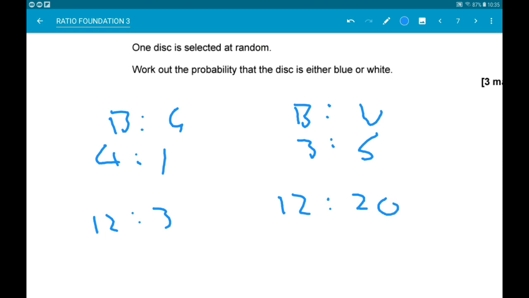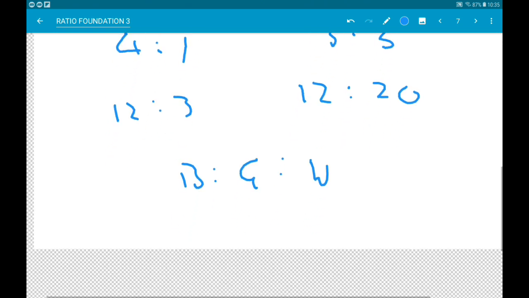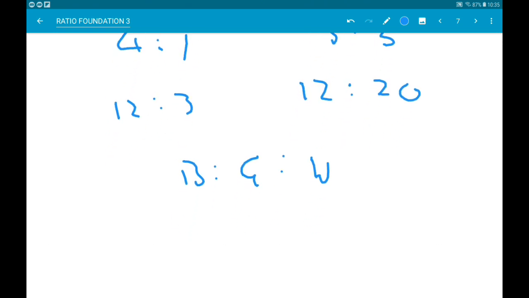So that now tells us for every 12 blue counters, there are 3 green and 20 white. So blue to green to white are in the ratio 12 to 3 to 20.